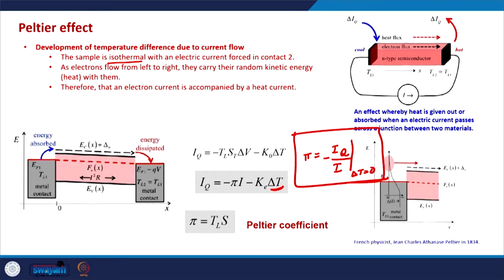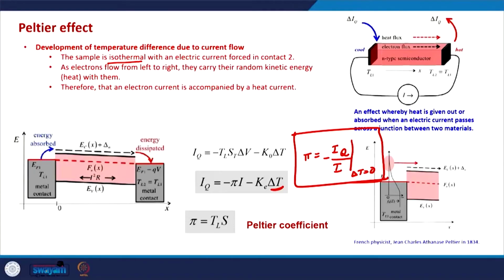And as you might have already guessed, the Seebeck effect and Peltier effect are in a way complementary to each other. Seebeck means development of a voltage difference because of an externally applied temperature difference, and Peltier means development of a temperature difference because of the current induced in the system.